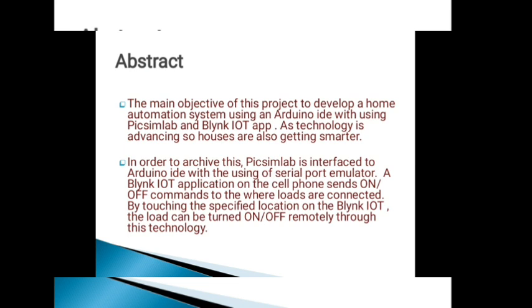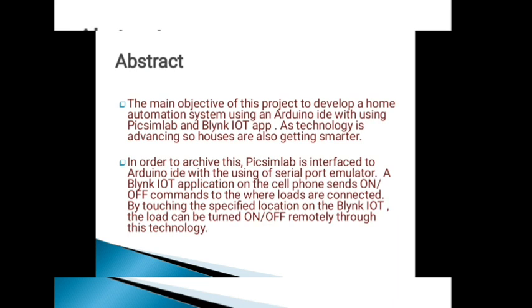By touching the specified location on the Blynk IoT, the load can be turned on or off remotely through this technology, which means we perform IoT by using two apps. One is PICsimLab and another one is the Blynk IoT app, which is available from our browser or Chrome.